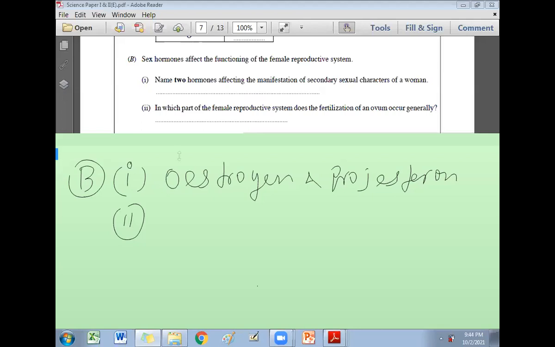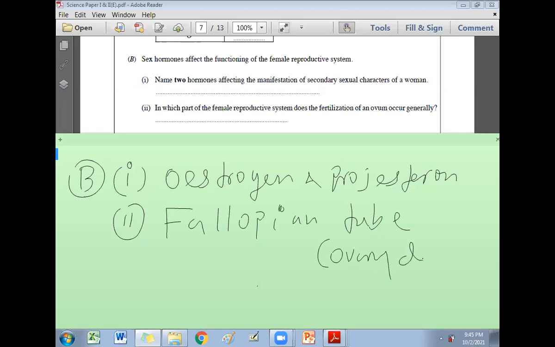Fallopian tube. Very good. Answer is fallopian tube. Sometimes we call it the ovary duct. Okay, that is the answer for part 2.